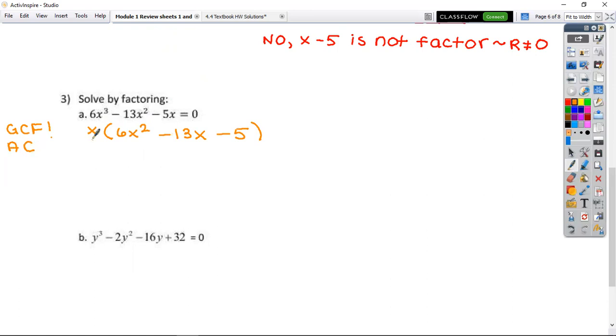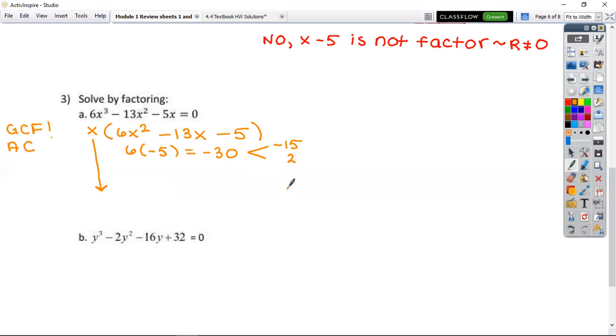This x we have to put back in a minute, but sometimes it's cumbersome to keep writing it, so I'm going to ignore it. We're going to do here 6 times -5, which is equal to -30. I need to find a set of numbers that multiplies to -30 and adds to -13. How about -15 and +2?